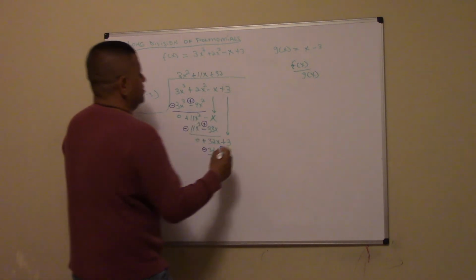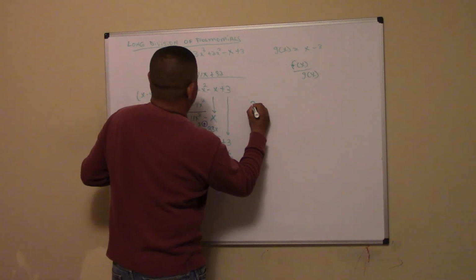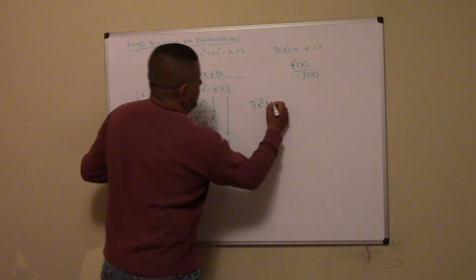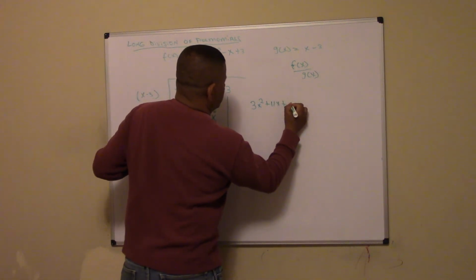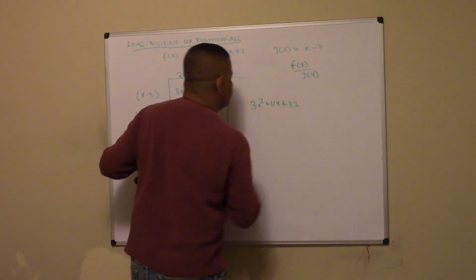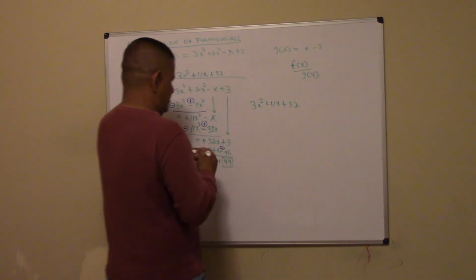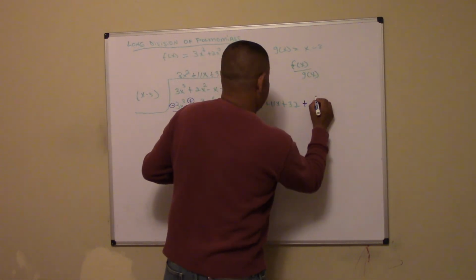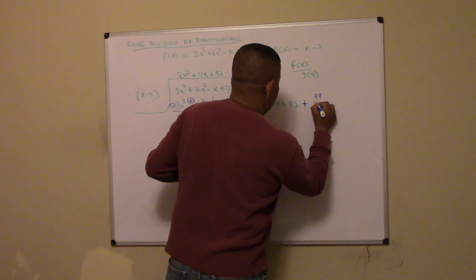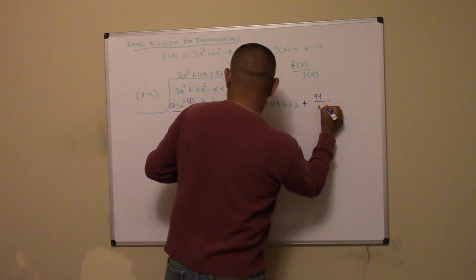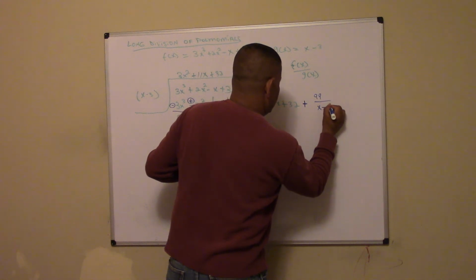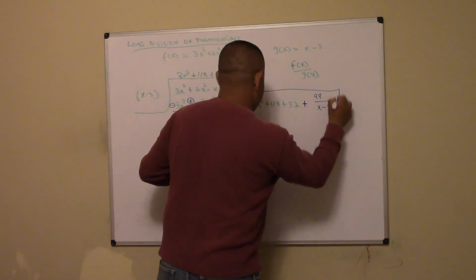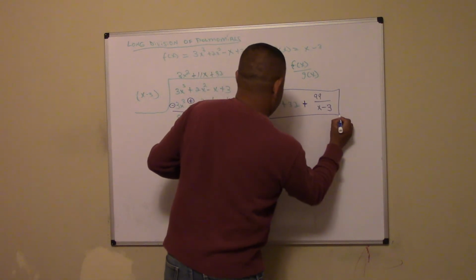The final answer is 3x squared plus 11x plus 32, plus 99 over x minus 3. And that is the answer.